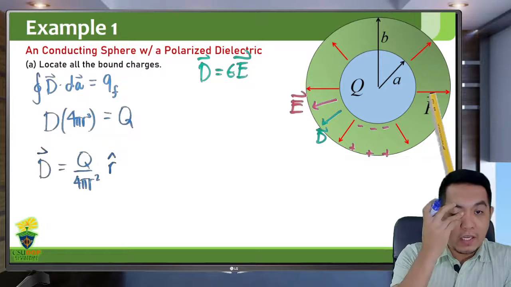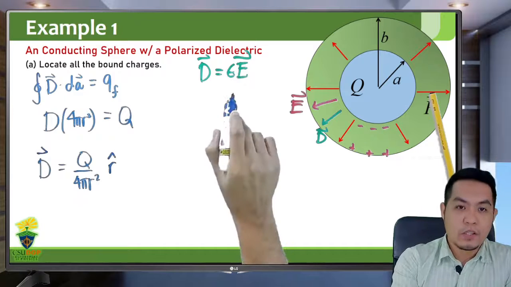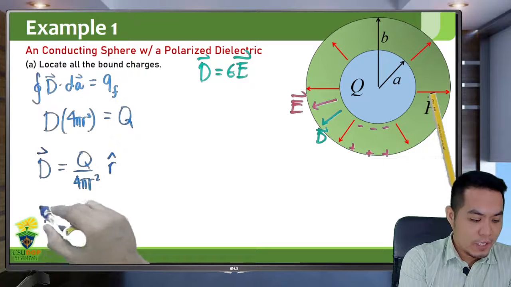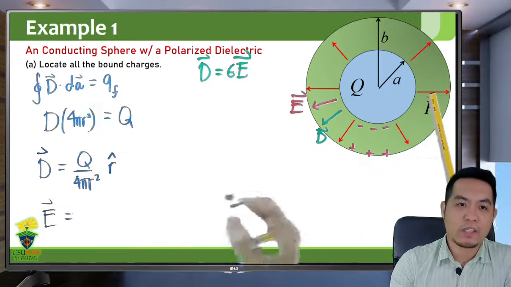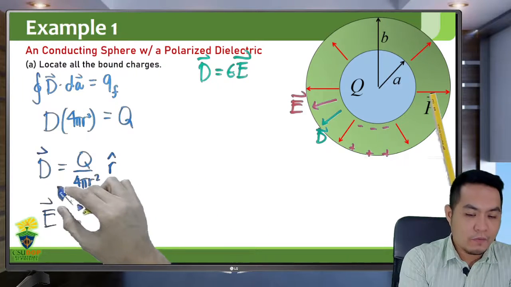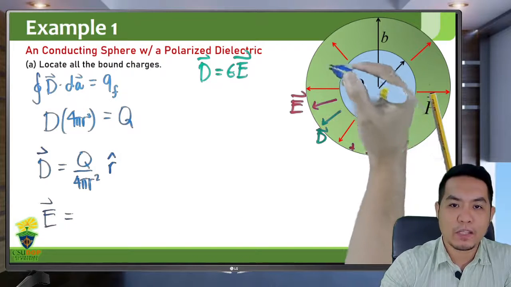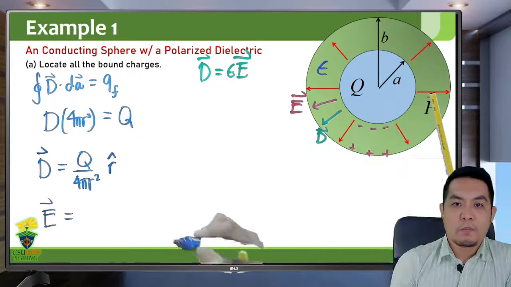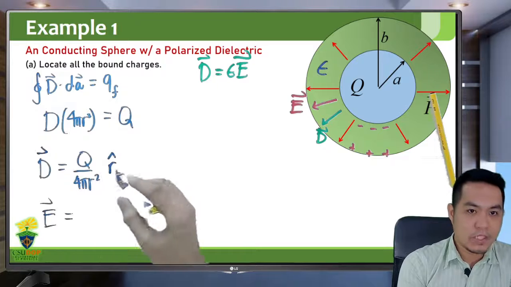Knowing the direction and the displacement vector, we can now solve for the electric field in the polarized region, and actually even outside the polarized region. Just divide D by epsilon. I forgot to mention the given permittivity of our dielectric, epsilon.